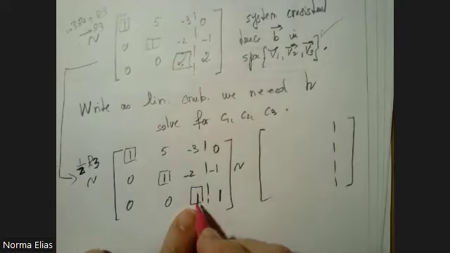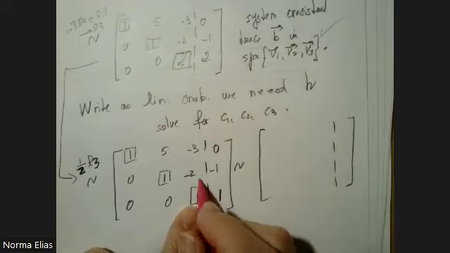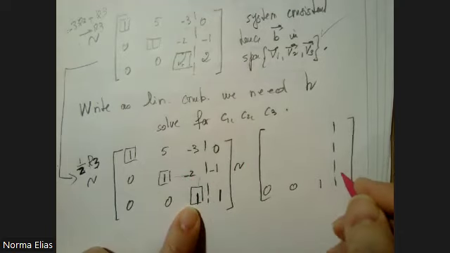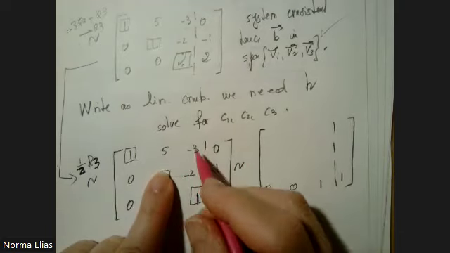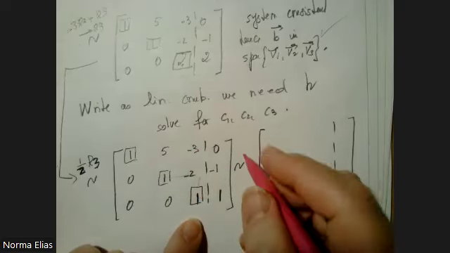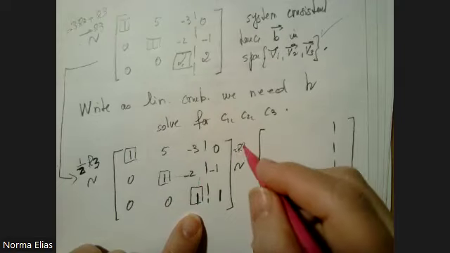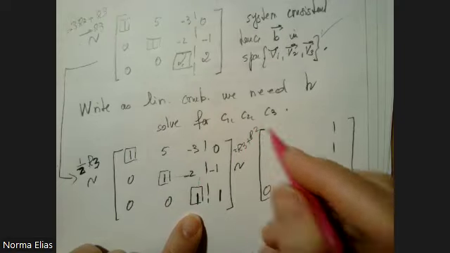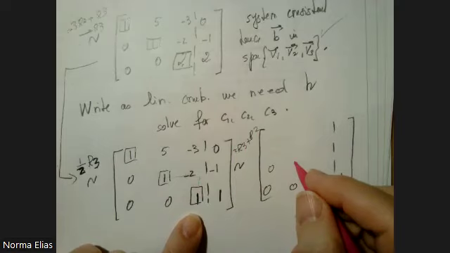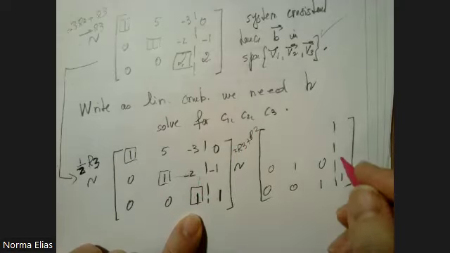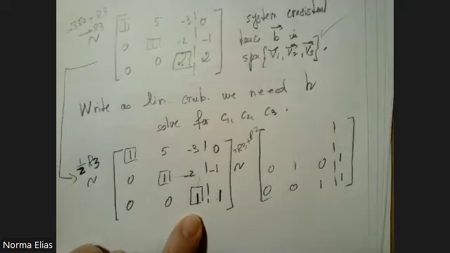So for reduced echelon form, we start from the bottom and we work our way up. So 0, 0, 1, 1. I'm going to make this into a 0 and this into a 0. So I multiply the third row by 3 and add to the second, which gives me 0, 1, 2 minus 2 is a 0, 2 minus 1, it's a 1.